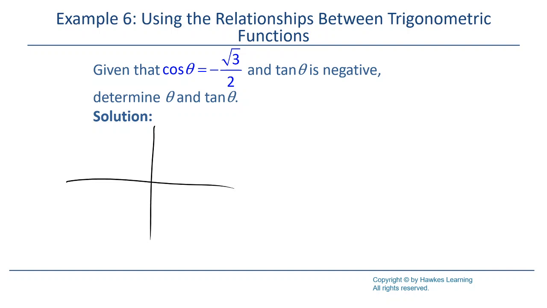What I'm going to do first is say cosine of theta is negative. Now, where is cosine negative? So cosine of theta is negative in quadrant 2 and quadrant 3.